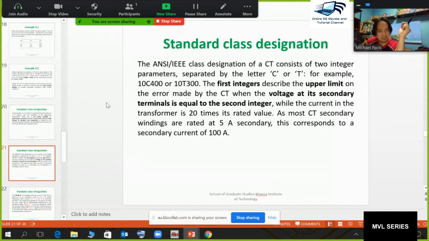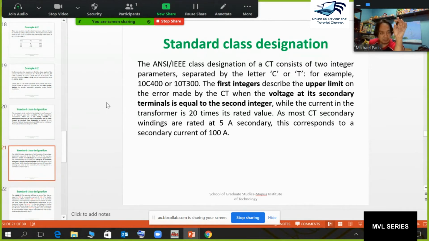So what we will use here, C means in terms of class, T means in terms of transformer experiments. So we use the C in terms of class designation instead of the T designation.